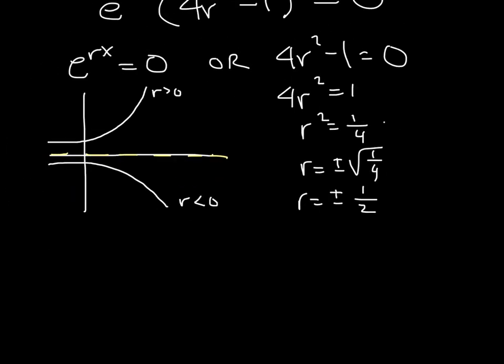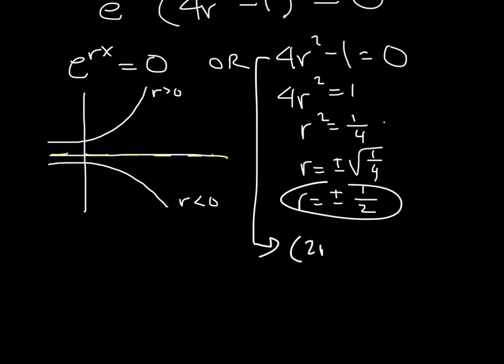It really depends on how you want to factor this polynomial. So it's preference here. You can say this is 2r minus 1 times 2r plus 1, right? They're conjugates. When you set these two factors equal to 0, you're going to get a half and -1/2. So we determined what r was. r was a half and -1/2.